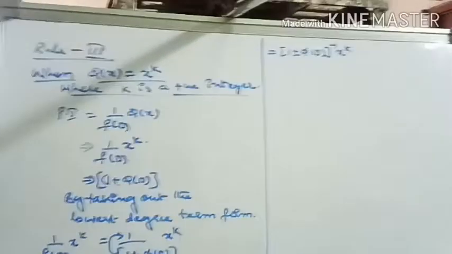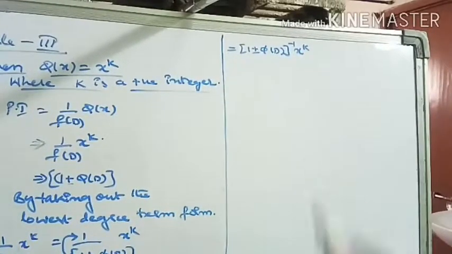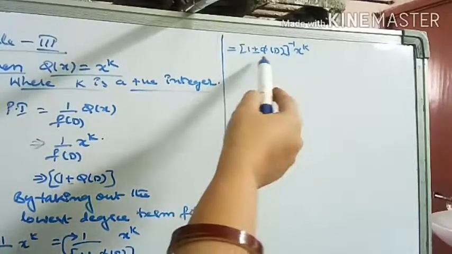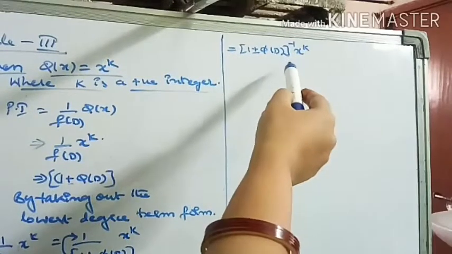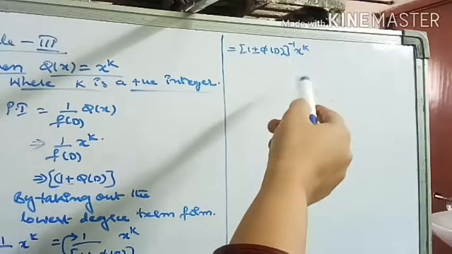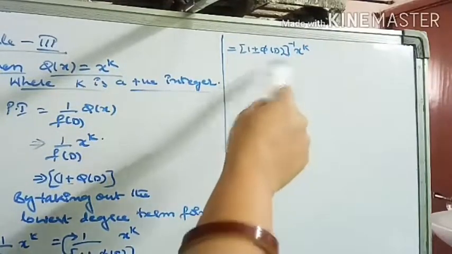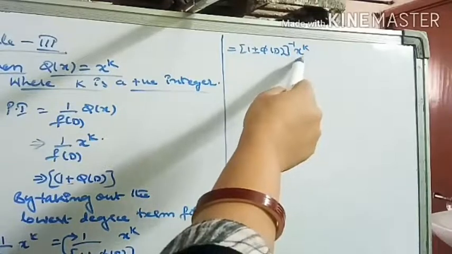Now we are going to open this 1 plus or minus phi of D whole to the power of minus 1 by using the binomial expansion. After opening the binomial expansion, we are going to operate this x to the power of k on each and every term of the bracket.